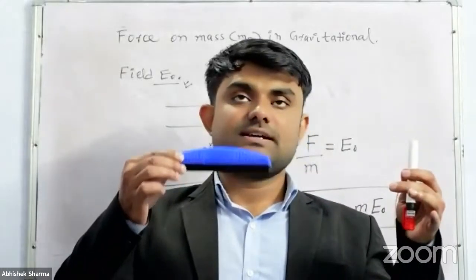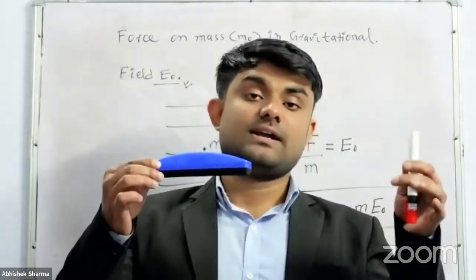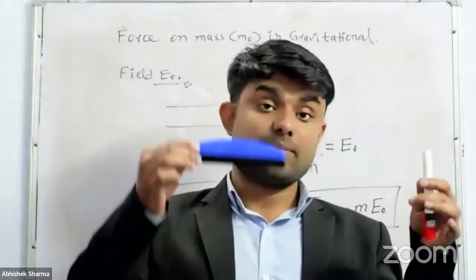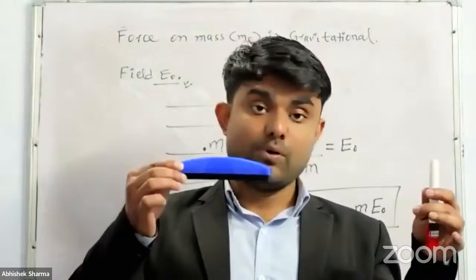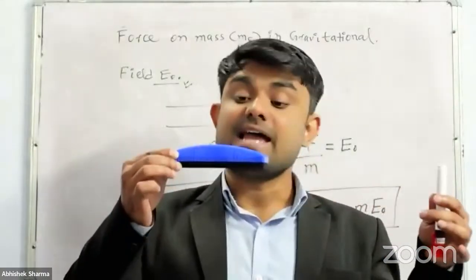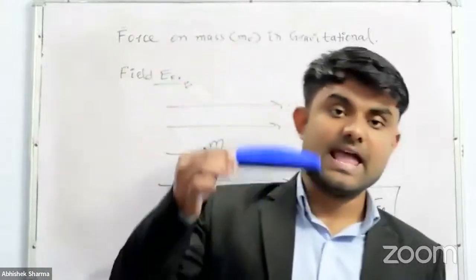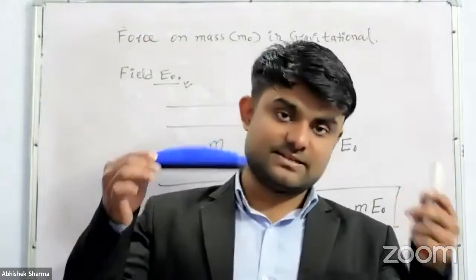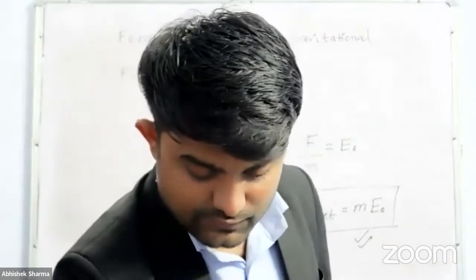At this point, the gravitational field strength or intensity due to this rod of mass M will be G capital M upon A times (L plus A). Very simple. So GM in the numerator, and the denominator is A times (L plus A). Very easy. So now let's move towards the next.